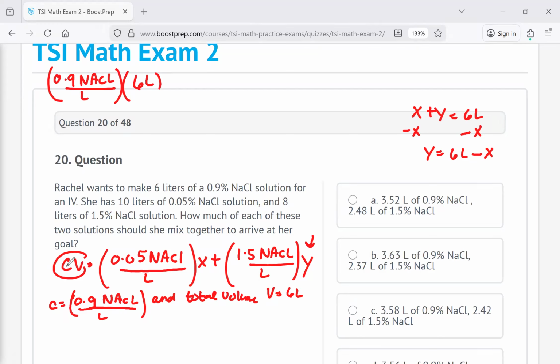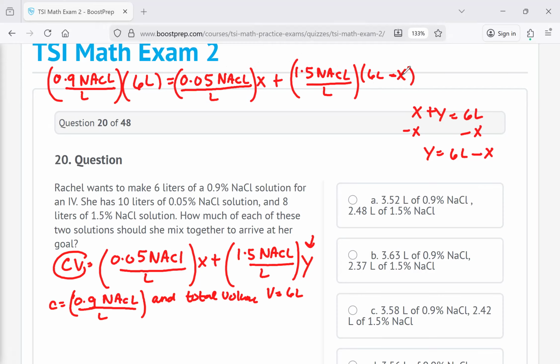CV means concentration times the volume, and that equals 0.05 NaCl per L times X plus 1.5 NaCl over L times the Y, which we said was 6L minus X.